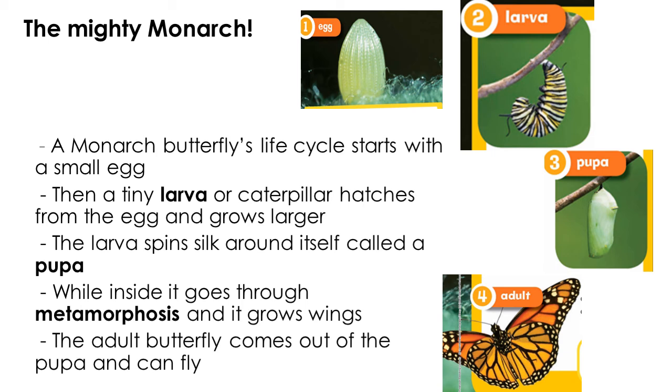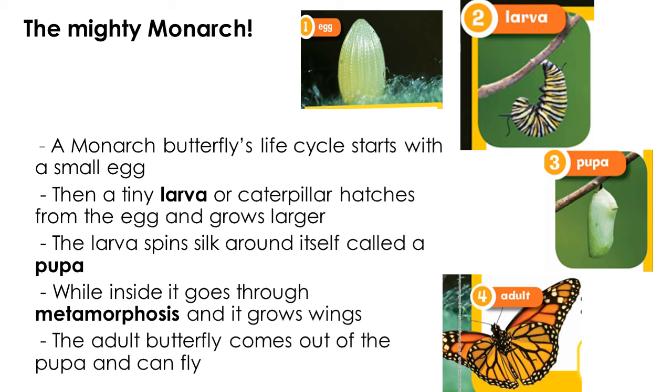Right, so the larva hatches from the egg and it grows larger, and then the larva spins silk around itself called a pupa. Now, before it does the spinning of the silk, it eats a lot because it's going to cover itself like so for a while before it turns into a butterfly.